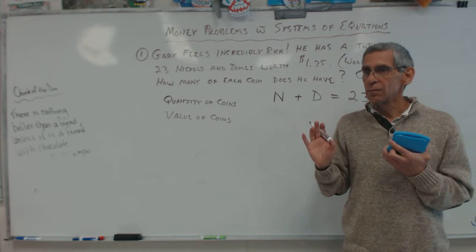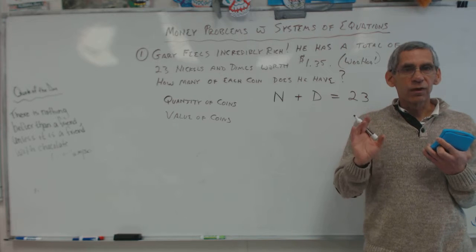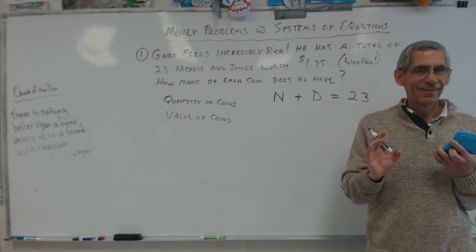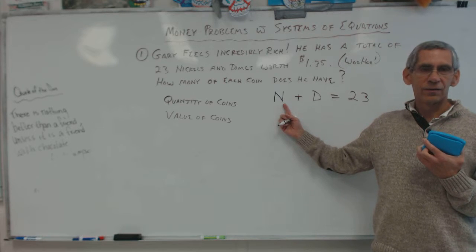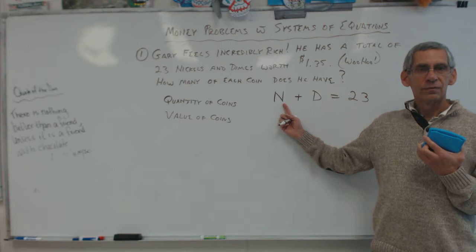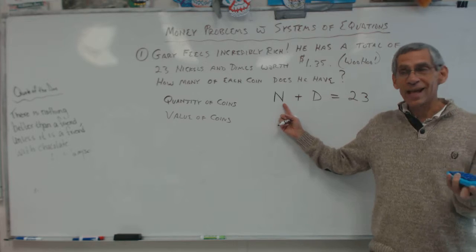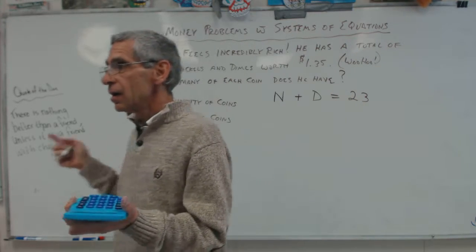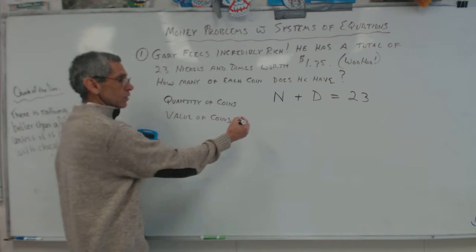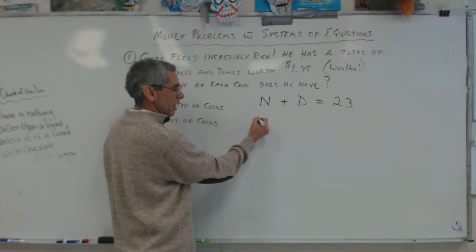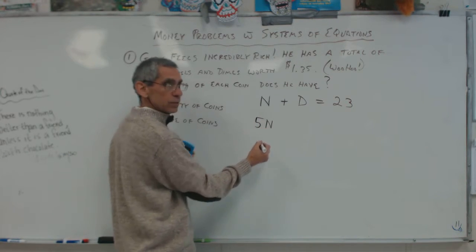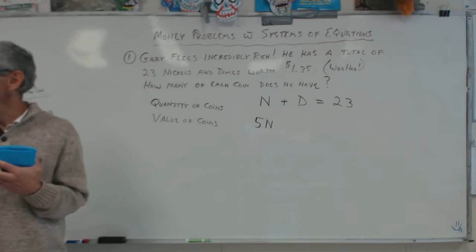What's the value of one of them? What's the value of 1 nickel? 5 cents. Does everybody agree? So could I say the value of nickels would be 5 cents times the number of nickels? Yes, 5 cents times the number of nickels.